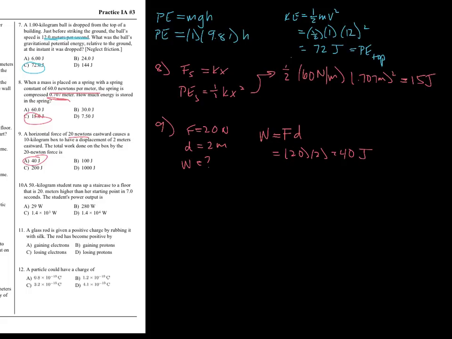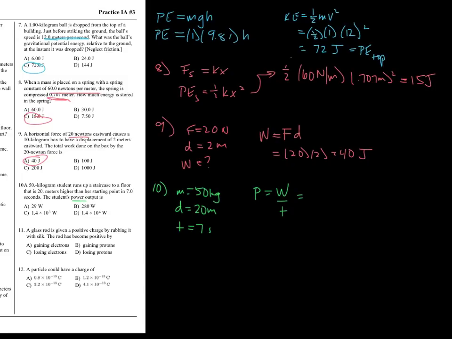Number 10. Let's pick a different color. A 50 kilogram student runs up the staircase. Mass is 50 kilograms, distance is 20 meters, time is 7 seconds. We're looking for power. Power is equal to work over time.